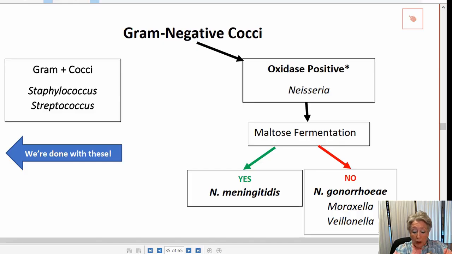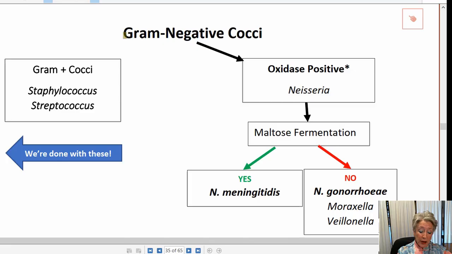So, moving on to the gram-negatives. We have done the gram-positive cocci. Now, if we were simply comparing cocci, the gram-negative cocci are a much smaller group, although there are a couple of important members. But Staphylococcus and Streptococcus we're already done with.